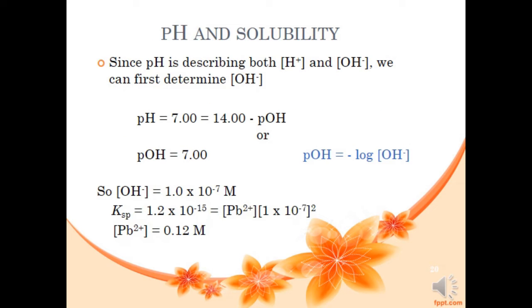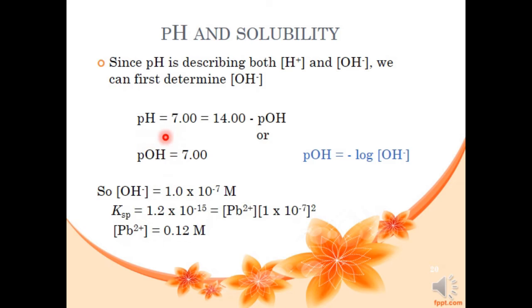Let us solve for the neutral condition. Neutral means the pH is 7, so pOH would also be 7. Now we anti-log pOH 7 to find the OH concentration. Remember, the expression of Ksp should have lead concentration as well as hydroxide, so we need to find the hydroxide concentration. That can be calculated using the pH.